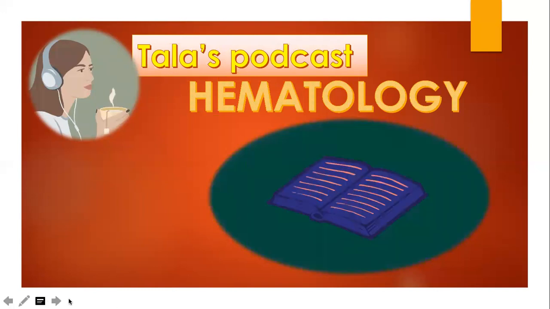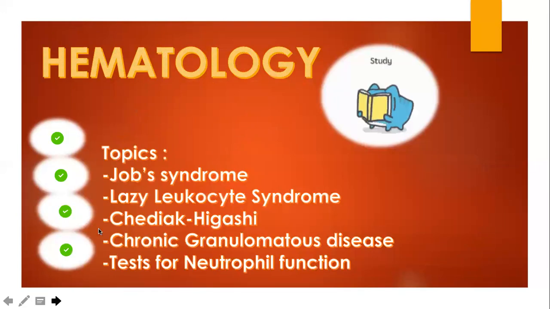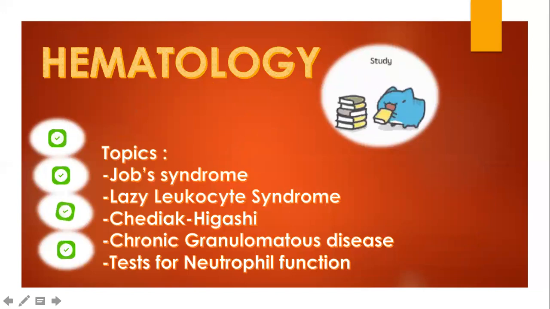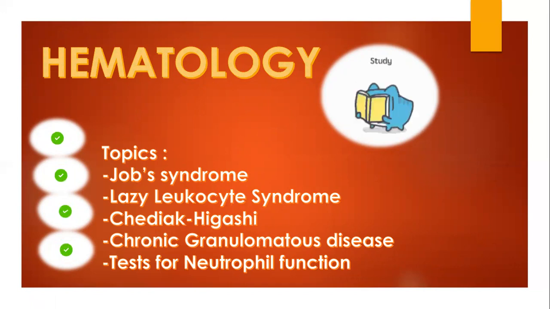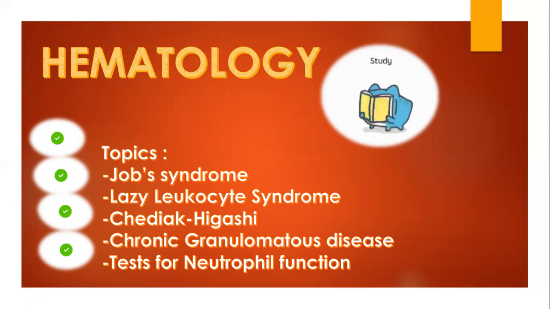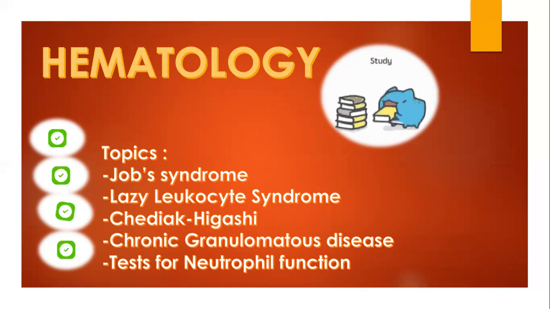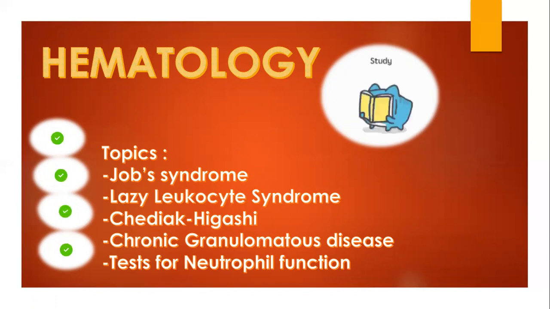Our topic for hematology is all about inherited abnormal granulocytic functions such as Job syndrome, lazy leukocyte syndrome, and also those conditions that have a defect in terms of killing microorganisms. These are Chediak-Higashi, chronic granulomatous disease, and there are also tests that I've included in my presentation for neutrophil function.